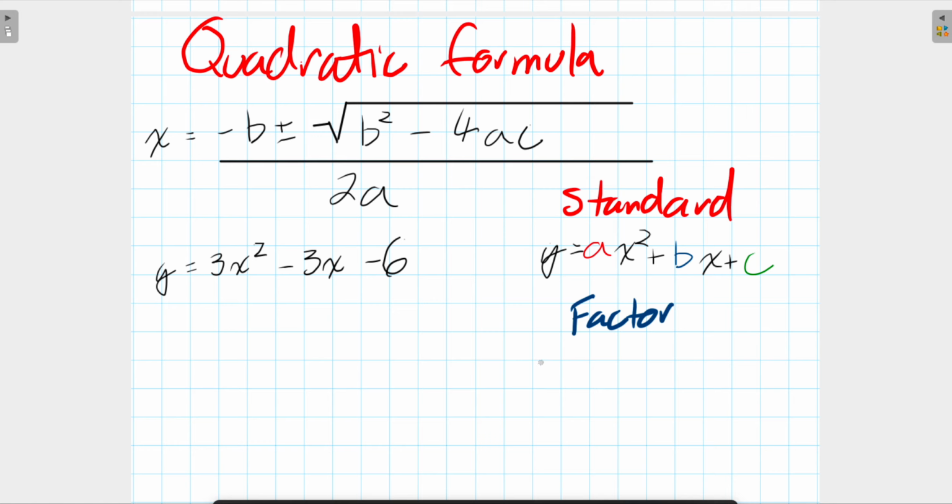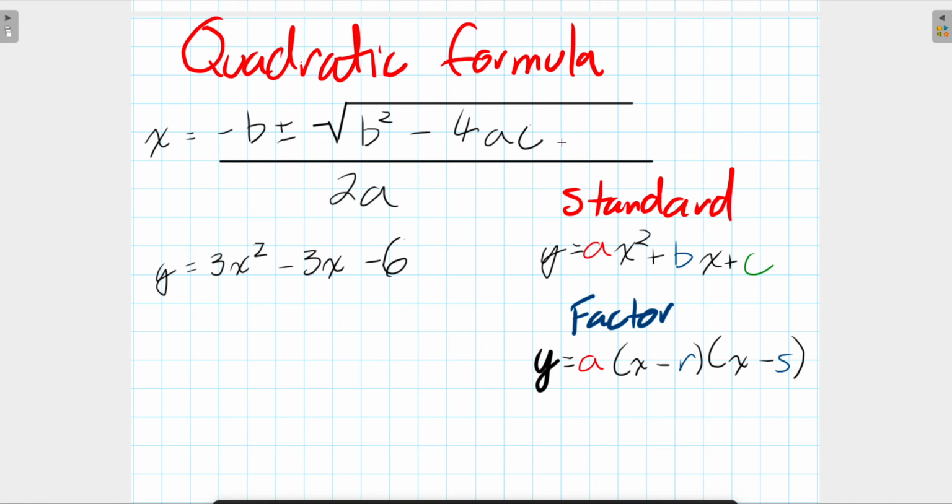And recall that the factored form is y is equal to a, we have our two brackets, x minus r and x minus s, or whatever they call it in the course you're working with, okay? So we can use it to move between these two things, okay?